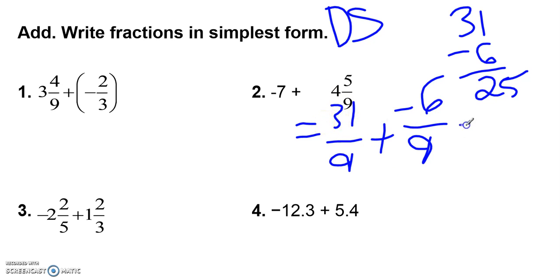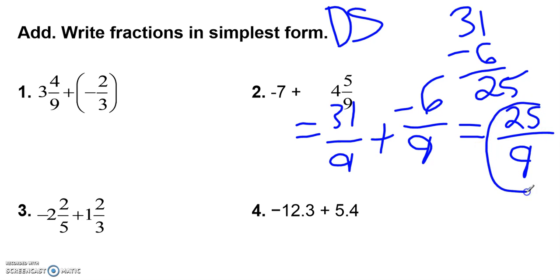So that is going to equal 25, and then that denominator that we made earlier. And this is what we want. You can make it a mixed number if you would like, but this is simple form as an improper fraction, so you could leave it like this, and I would be happy with that.